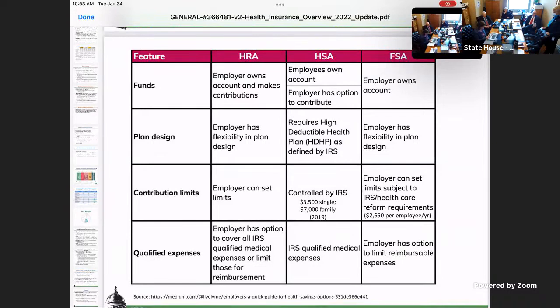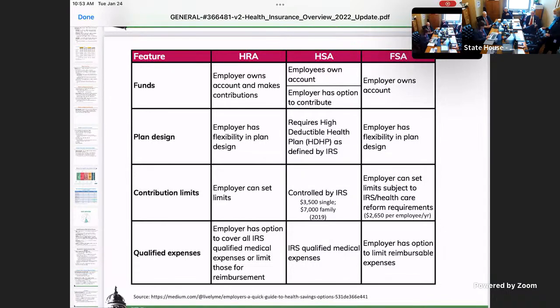Now, whether that money is put into an actual account or held in a giant account, I couldn't tell you how the schematics of it work. But again, I'm not a huge expert on this, but this has been a factor that has changed the dynamic of the health insurance market.